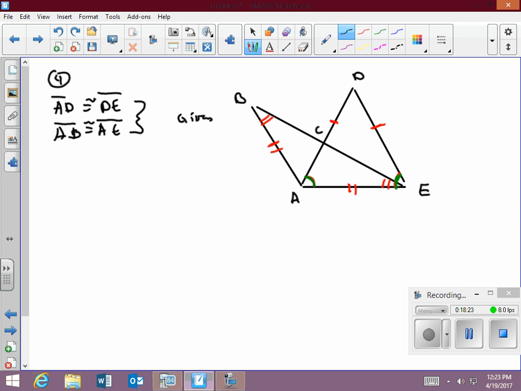And then, let's see, how do I want to do that? I'm not going to try to state the angles. The congruent angles are shown.